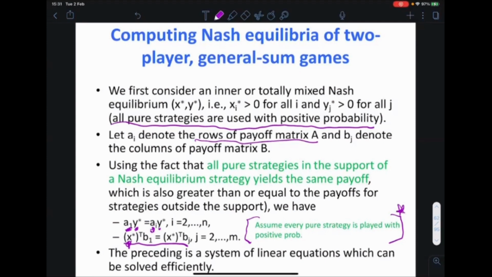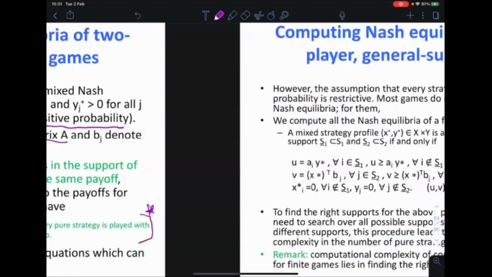That gives us a very interesting characteristic of the Nash equilibrium: any pure strategy that is in the support of the Nash equilibrium, and when I say support, I mean that the pure strategy is actually played with positive probability, has a probability larger than 0.